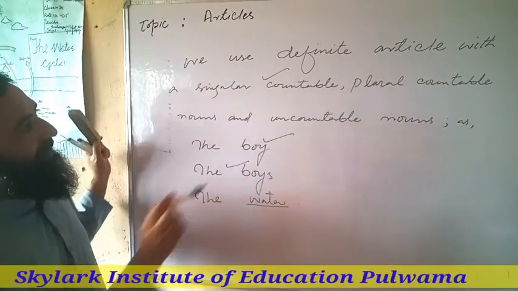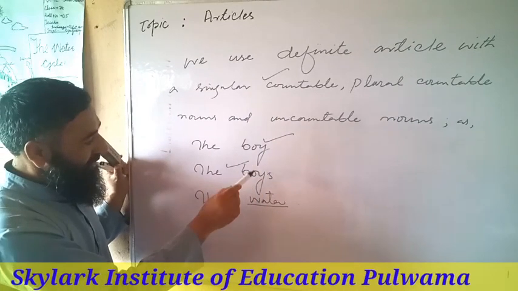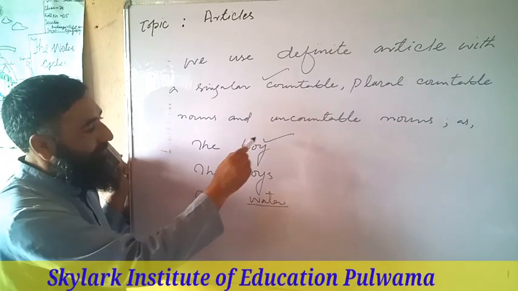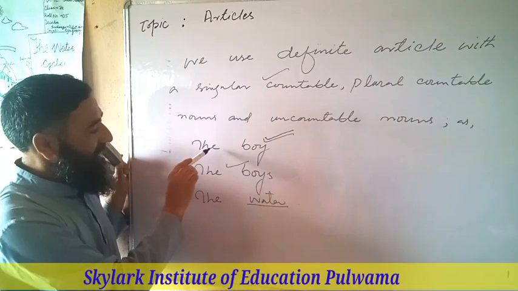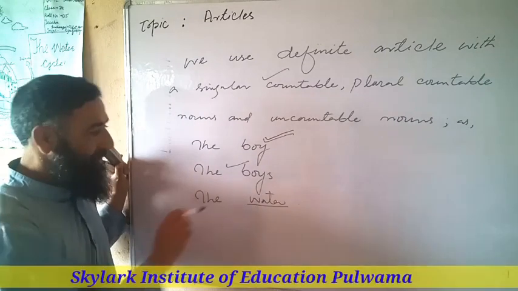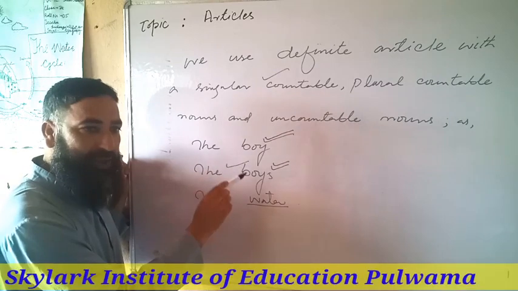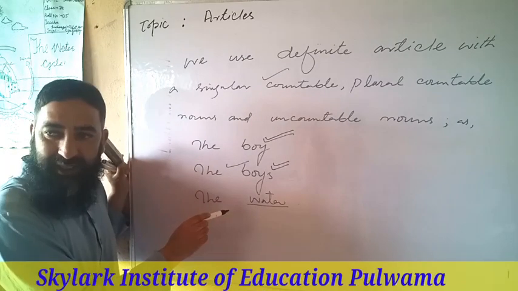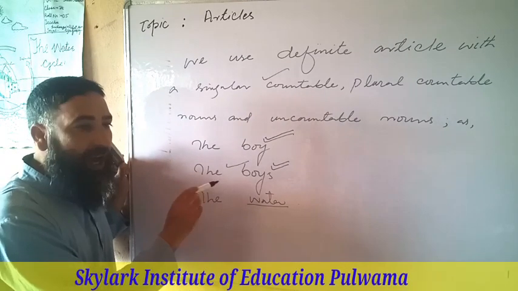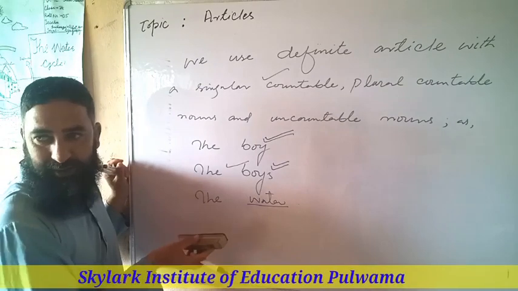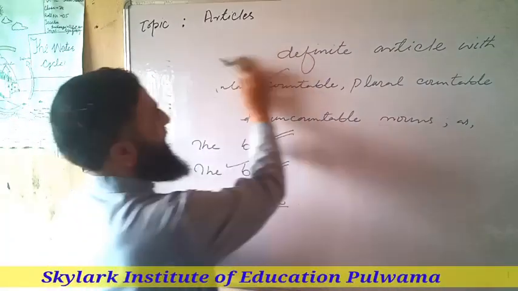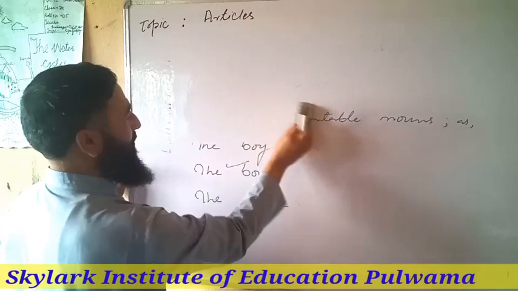So you have come to know that we use the with a singular countable noun, and we also use it with plural countable nouns, and with uncountable nouns. Okay, have you got it? So we'll move on.